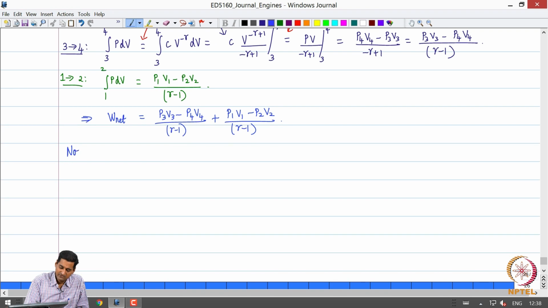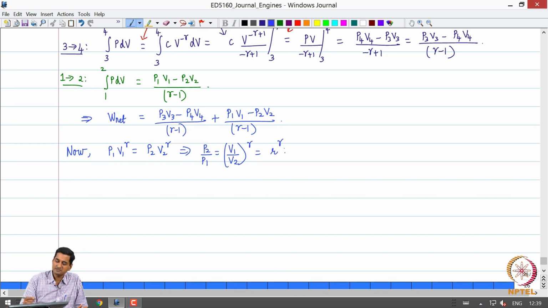So, now we simplify. We know that P1 V1^gamma equals P2 V2^gamma, right. That is from the process relationship. So, we immediately can rewrite P2 by P1 as (V1 by V2)^gamma, and V1 by V2 is the compression ratio. So, I get R^gamma. Similarly, P3 V3^gamma is going to be equal to P4 V4^gamma.